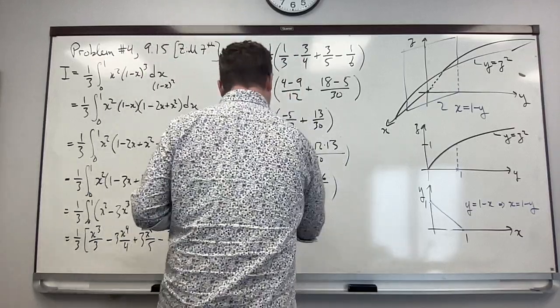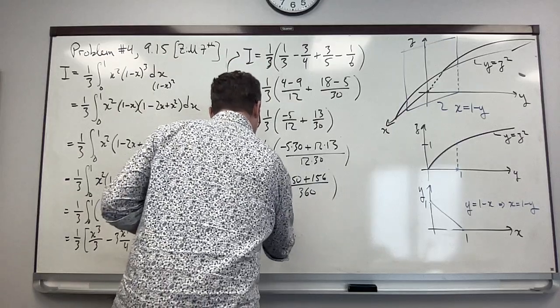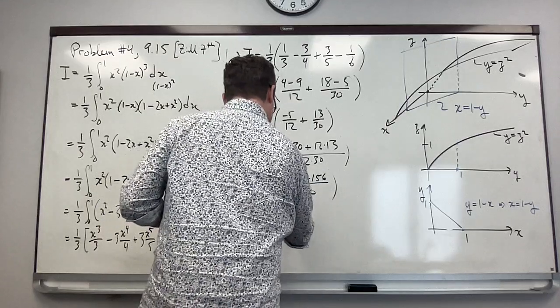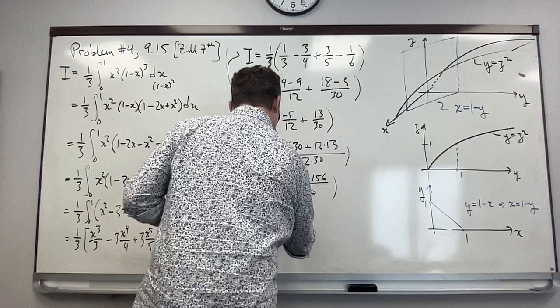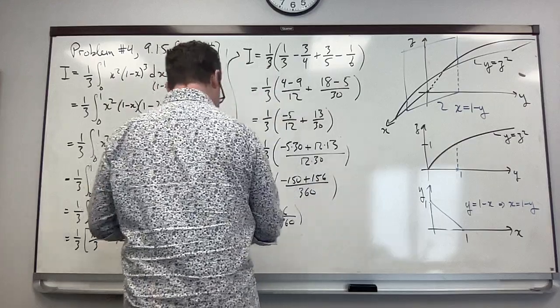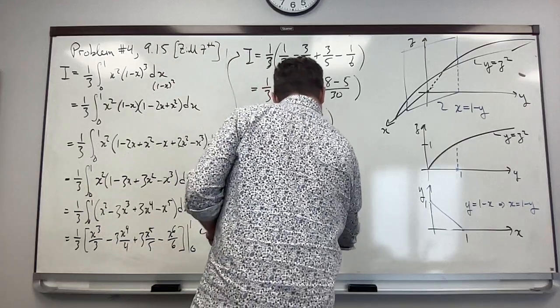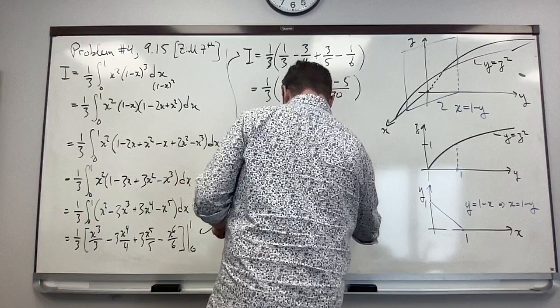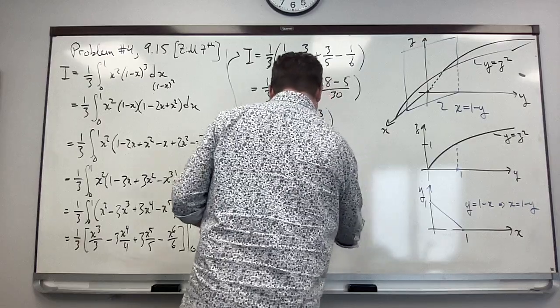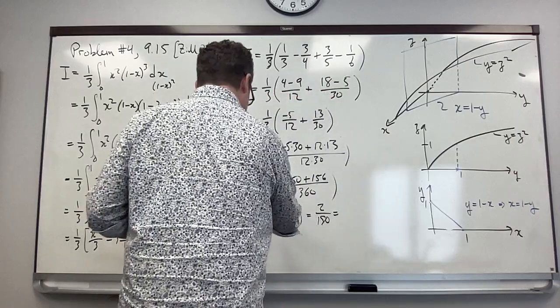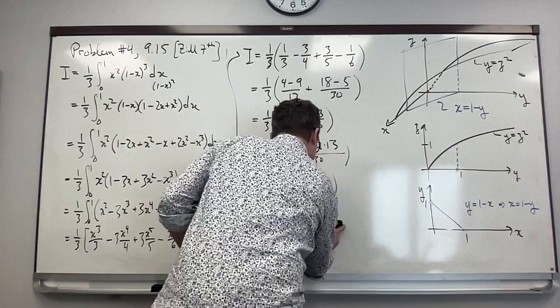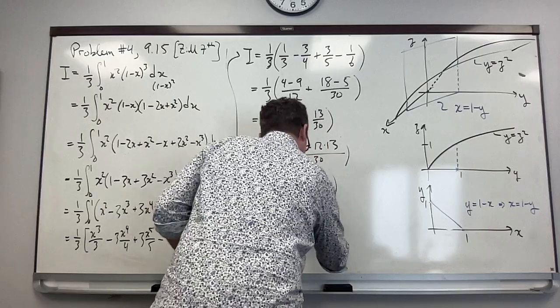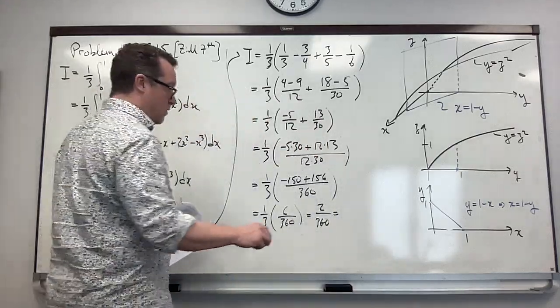Okay, so this becomes 1 over 3 times 6 over 360. So this becomes 2 over 360, or 1 over 180.